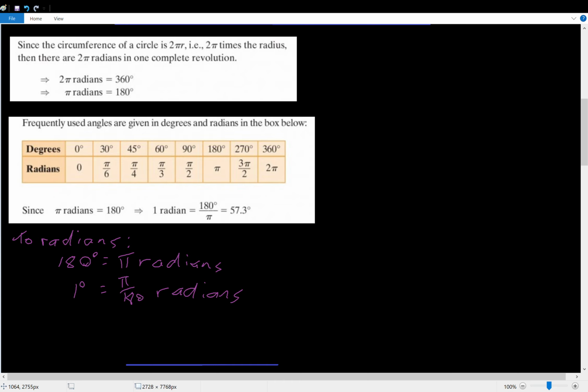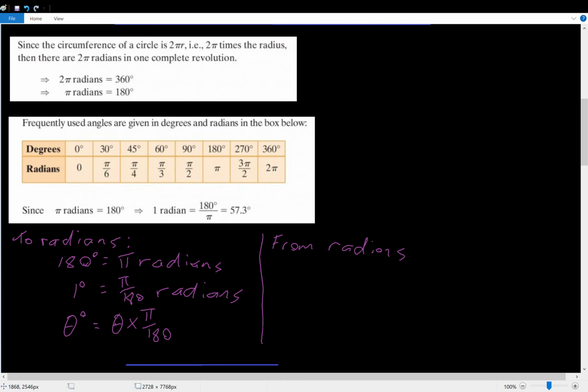So if we're converting some angle theta degrees to radians, what we're going to do is multiply the number we have, this theta angle, by pi over 180. So converting to radians is as simple as multiplying by pi over 180 and then simplifying whatever fraction we get from that. Now converting from radians is relatively straightforward.